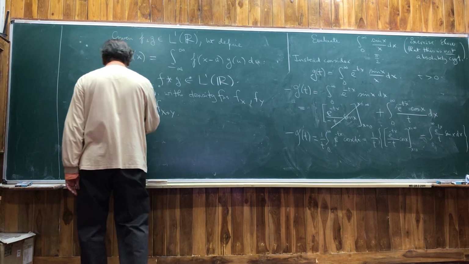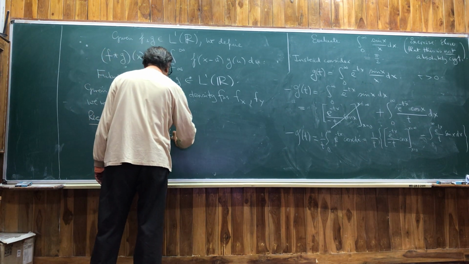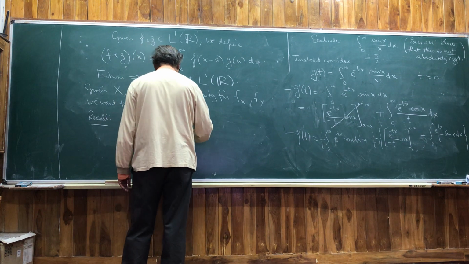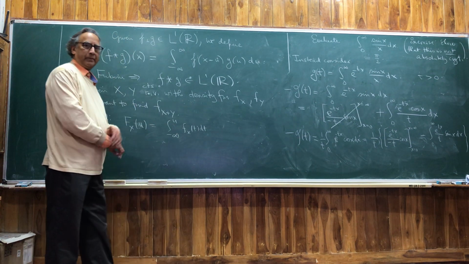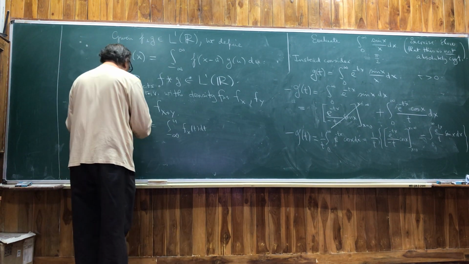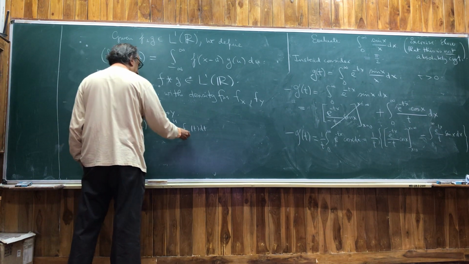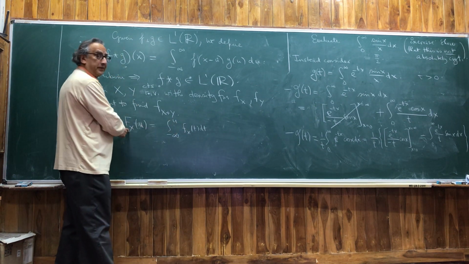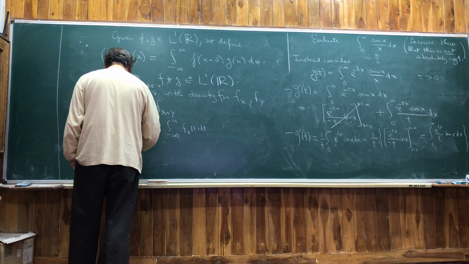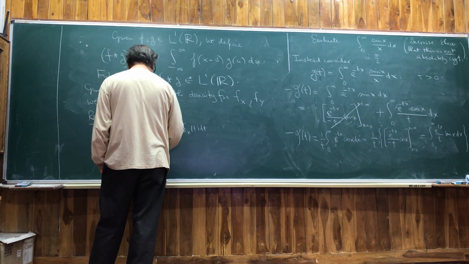So the cumulative distribution was denoted, I believe, F_X of u, the integral from minus infinity to u of f_X of t dt. This was the idea. And therefore, by the fundamental theorem of calculus, f_X should be thought of as the derivative of this.